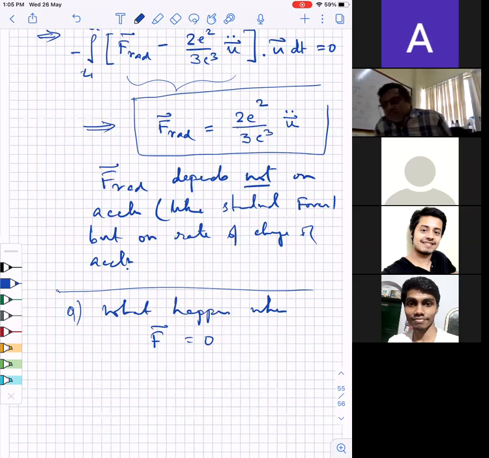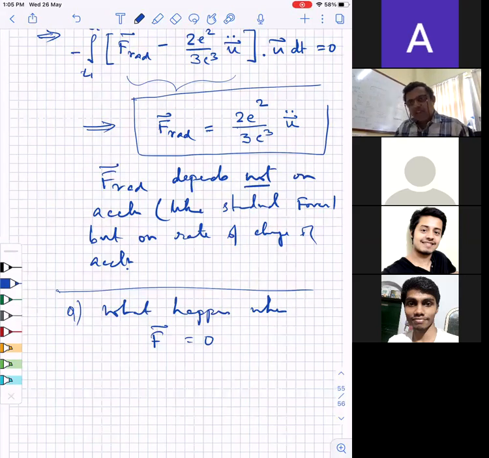See what you get. If your F becomes equal to 0. And next day we'll discuss this. So if your external force F is equal to 0, what happens?